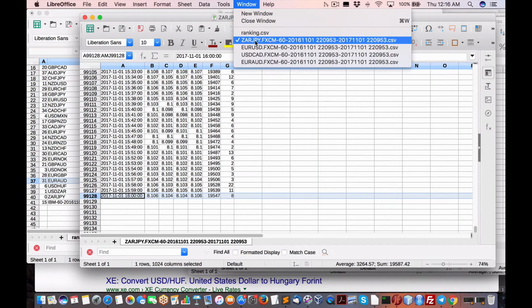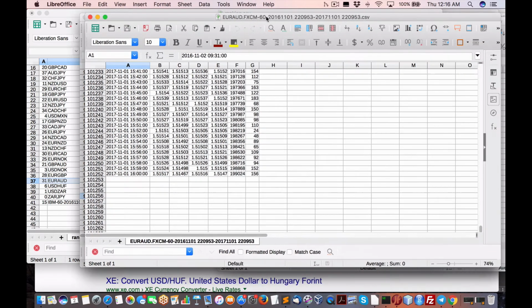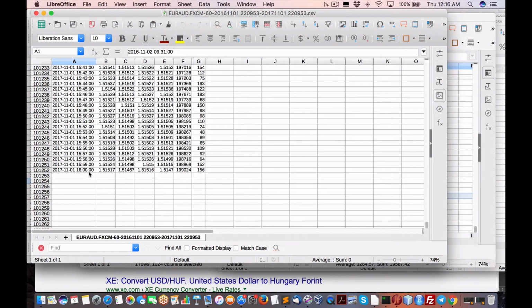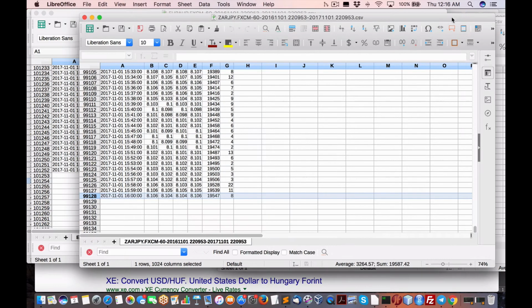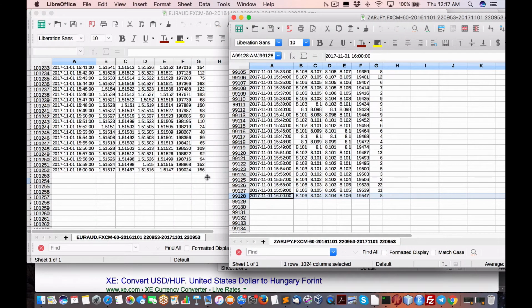So let's see if we've got that one open, which we do right here. So with the same time frame from 4 o'clock up to yesterday, against, let's say, even the rand, the Euro Australian dollar's got to be 5 times, 10 times when you look at these numbers here. 4 times, 30 times.